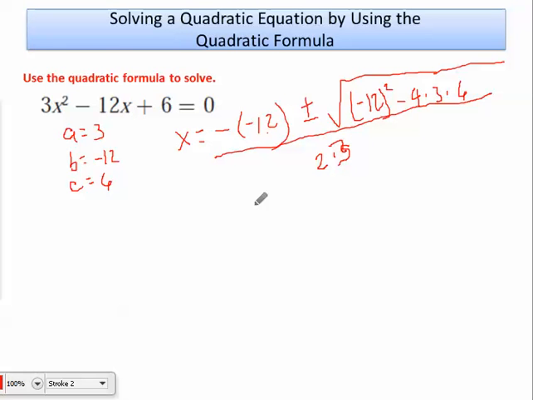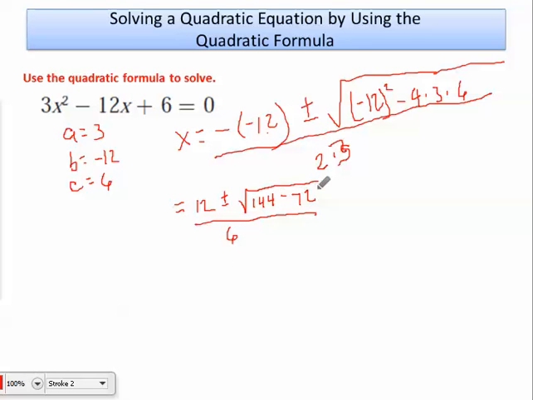Okay? So let's go through here and now clean this up just a little bit. I just wrote down the numbers as I was going there. So I got a 12, negative of a negative, plus or minus the square root. Negative 12 squared is 144, minus 4 times 3 is 12, times 6 is 72, divided by 6.